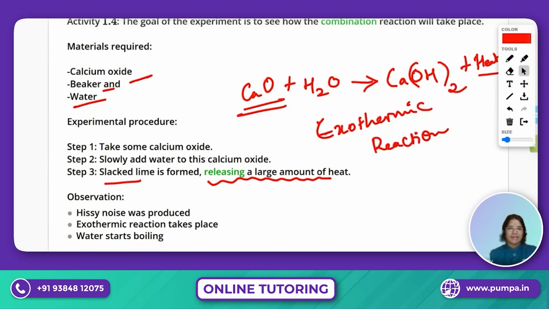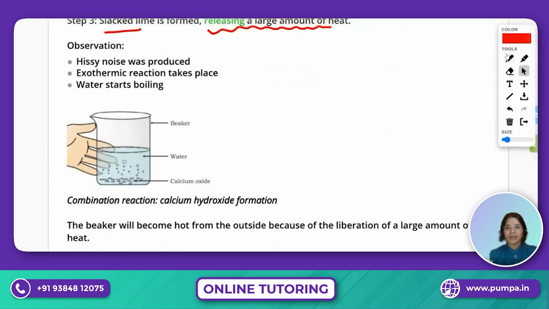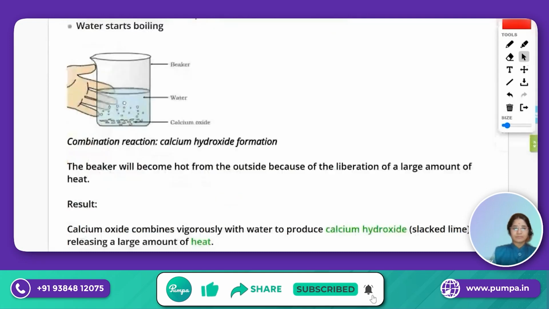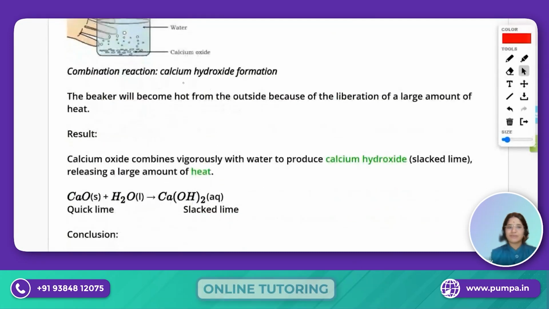Now you can also notice that some sound is produced when it is reacting. The heat is being released from the calcium oxide and the water starts to boil. So this is the formation of calcium hydroxide.